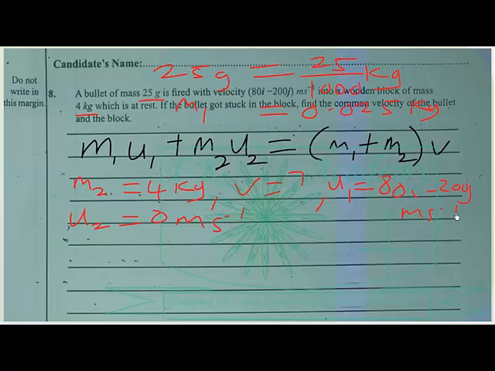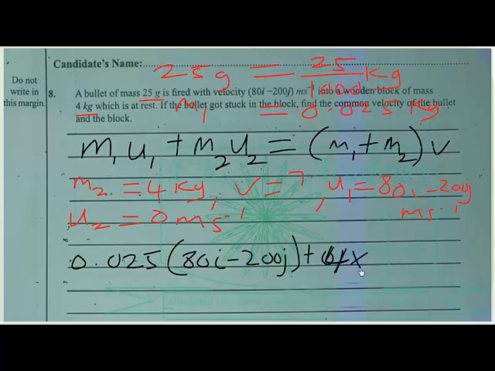so that will give us 0.025 times u1, which is 80i minus 200j. Then we have plus m2, m2 is 4, times u2 which is 0, is equal to m1 plus m2, which is 0.025 plus 4, times the v that we are looking for.